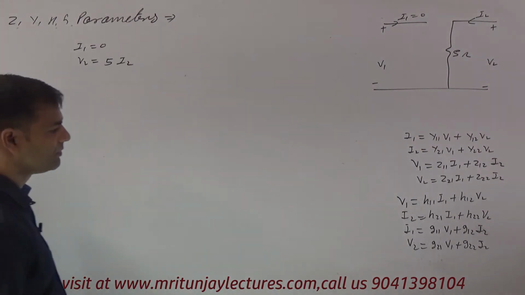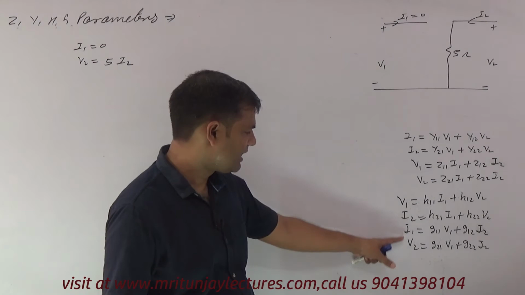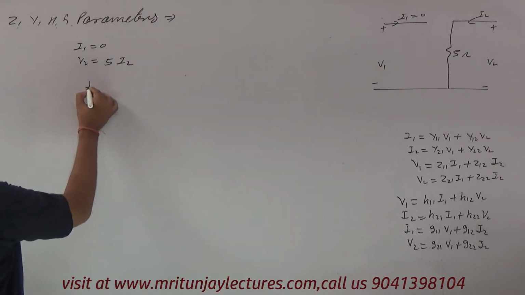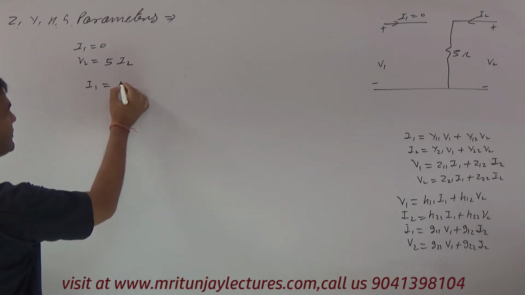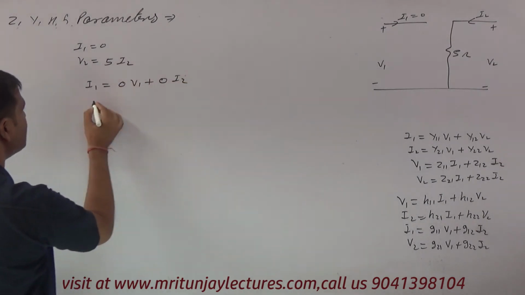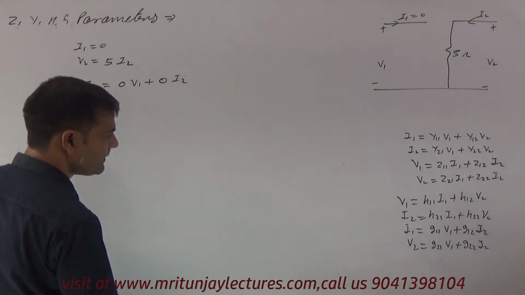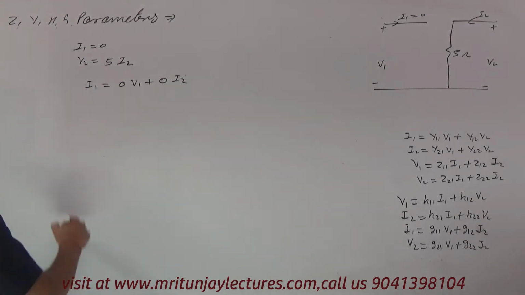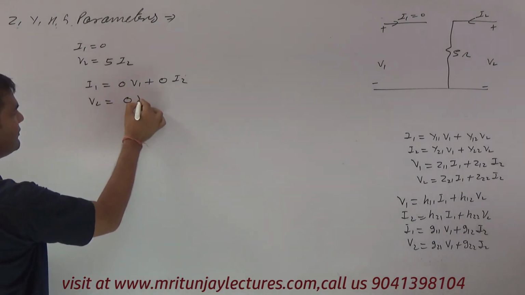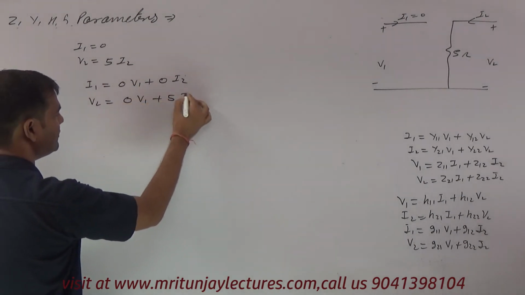Now if you compare this, I1 is written as 0 into V1 plus 0 into I2, and V2 is written as 0 into V1 plus 5 into I2.